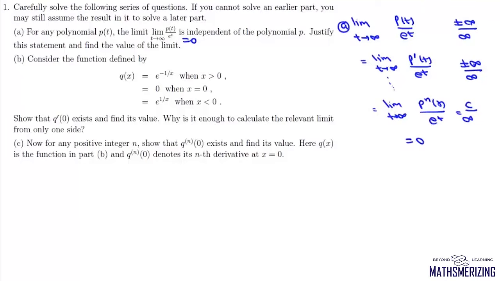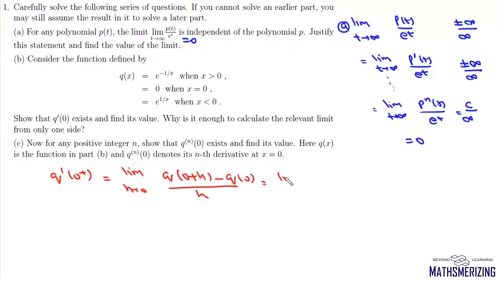Now part B is, show that q dash 0 exists and find its value. And why is it enough to calculate the relevant limit from only one side? Now we'll find q dash 0 positive. Now q dash 0 positive will be limit h tends to 0 q of 0 plus h minus q of 0 upon h.